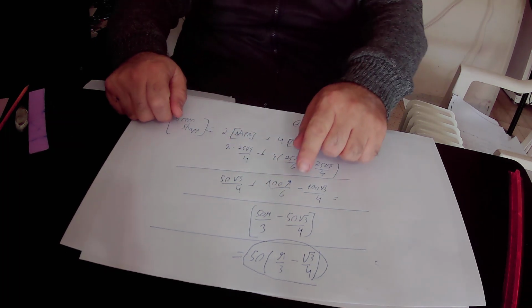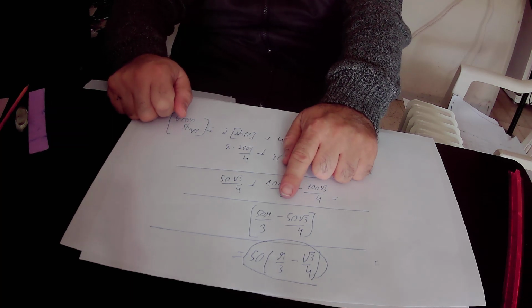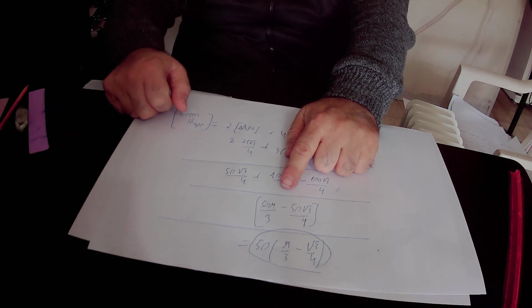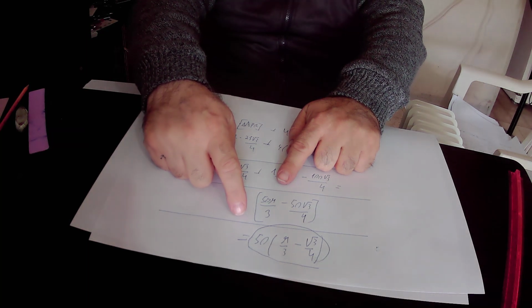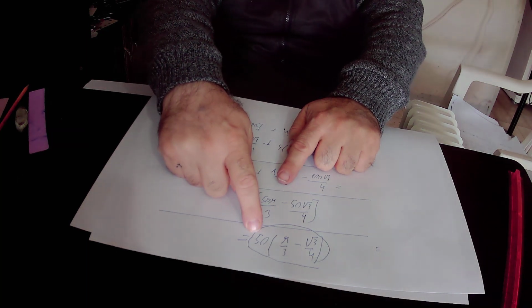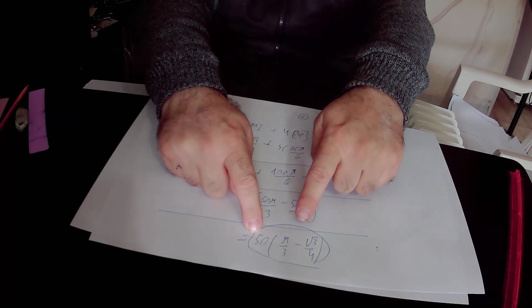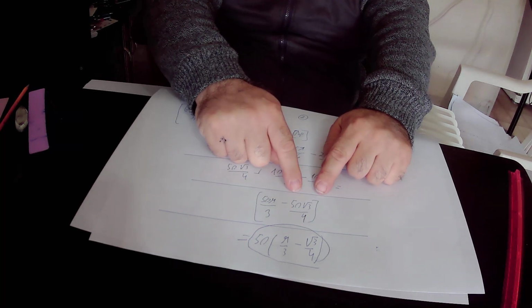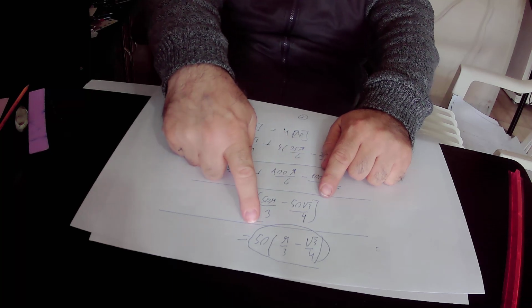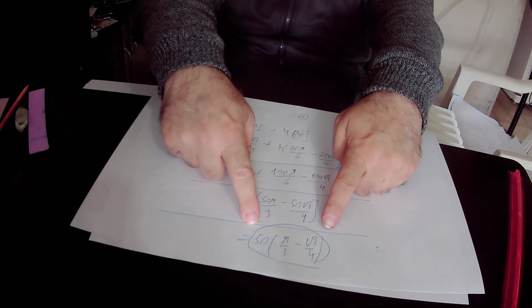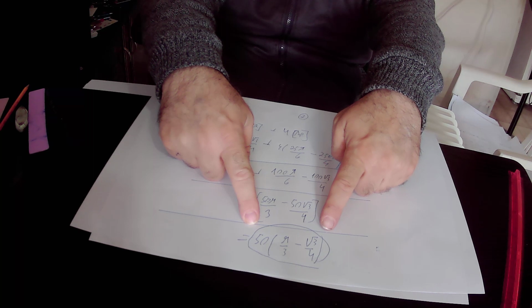Here we took 50 as a common factor out of these two expressions, and what is left from 50 pi over 3 is pi over 3, and what is left from 50 times square root of 3 over 4 is minus square root of 3 over 4.